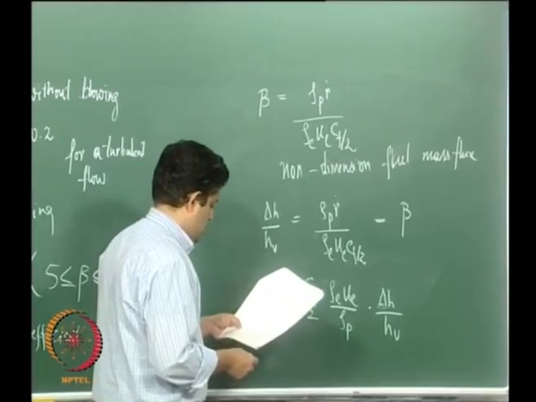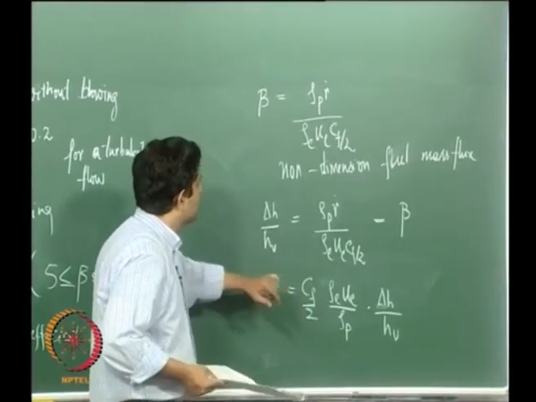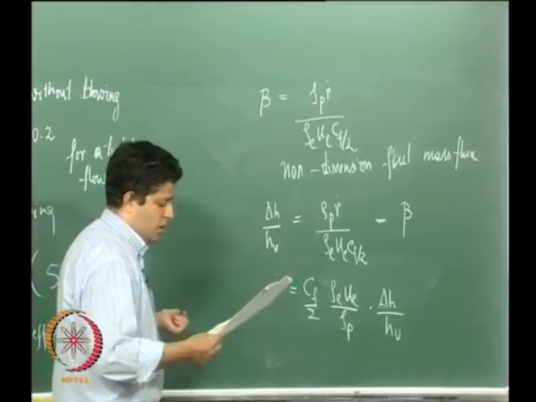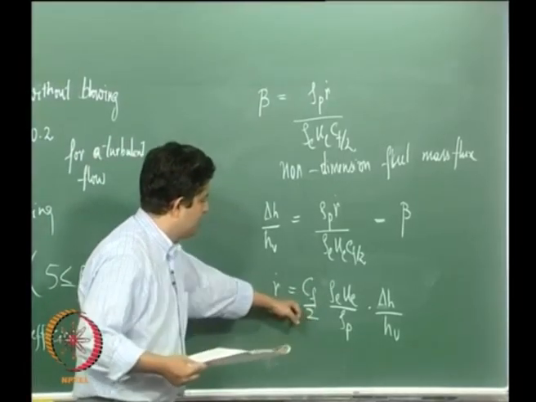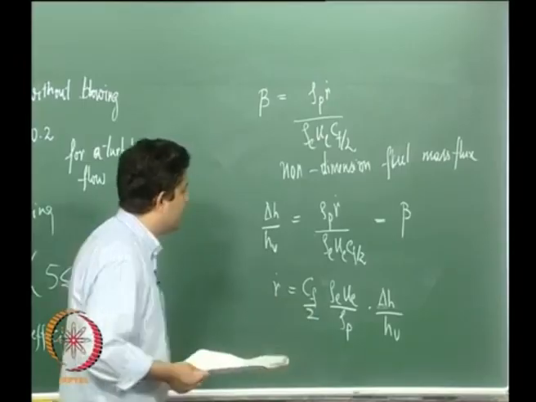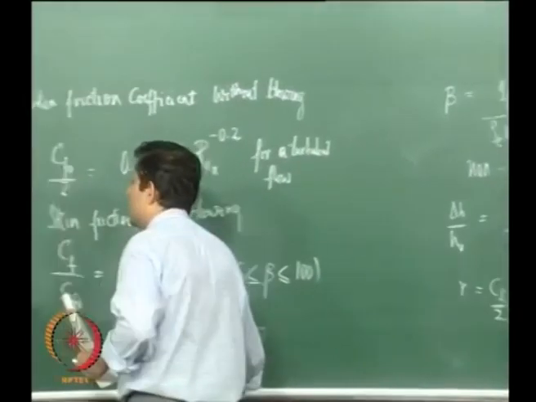Now we know that Cf is nothing but Cf naught into beta. So we will use that here and get our expression for r dot.